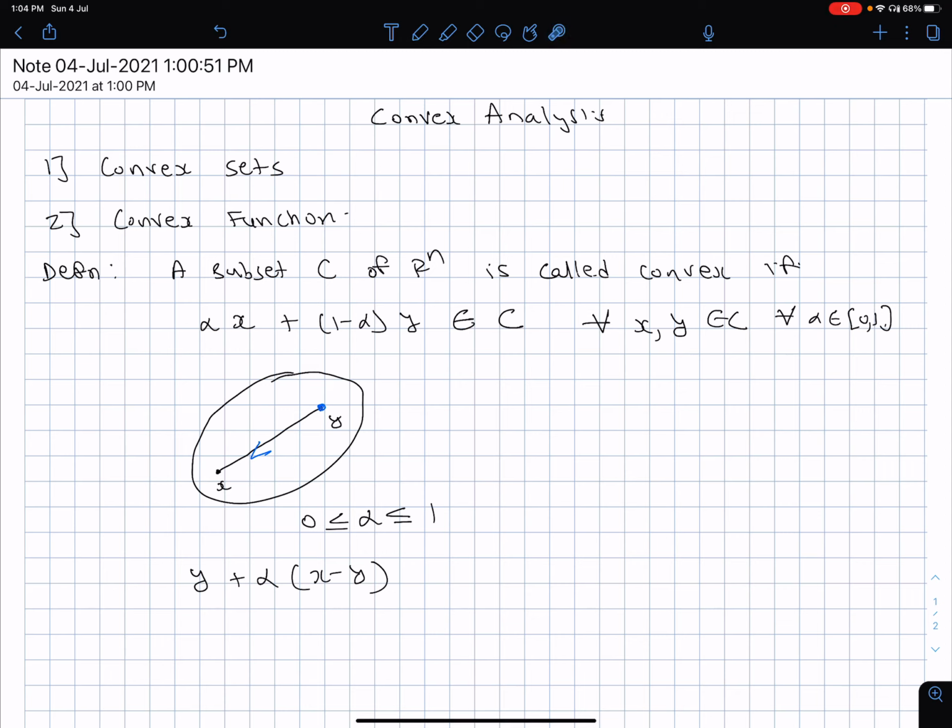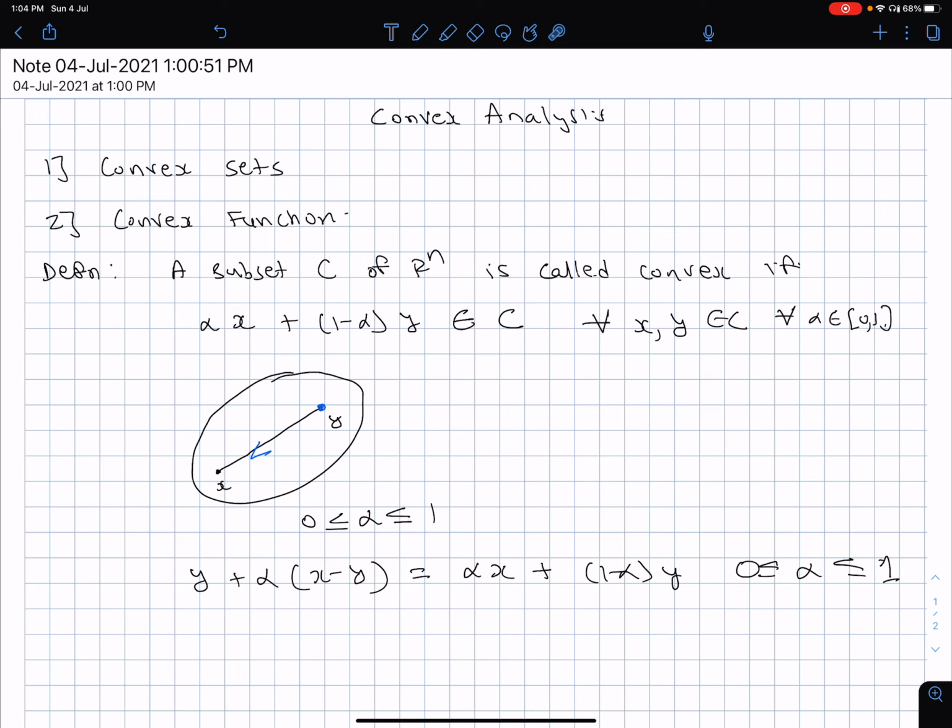I am at y. If alpha is set to 1, where am I? y minus y plus x, so I am at x. If alpha is between 0 and 1, I am on this line segment. So this can be written as alpha x plus 1 minus alpha y, where alpha is between 0 and 1, 0 and 1 included.